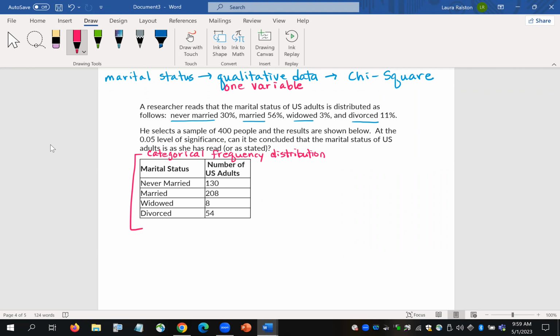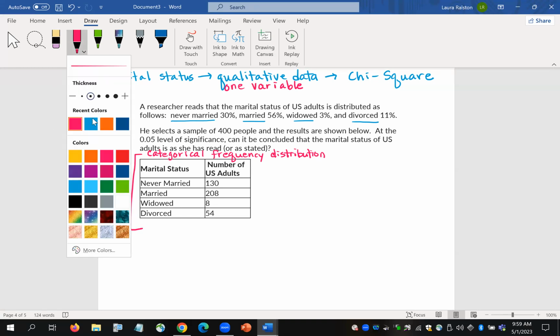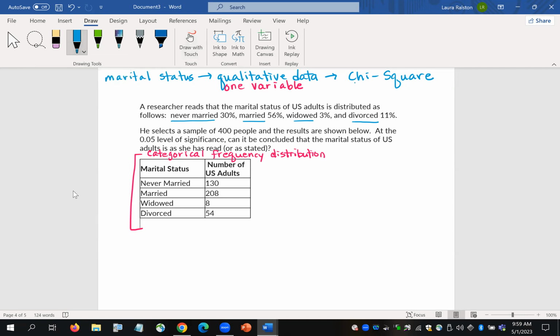So the fact that it's qualitative data, I only have one variable. It also helps me that my data is displayed in a categorical frequency distribution. I land on this is going to be chi-square goodness of fit. I have one qualitative variable.